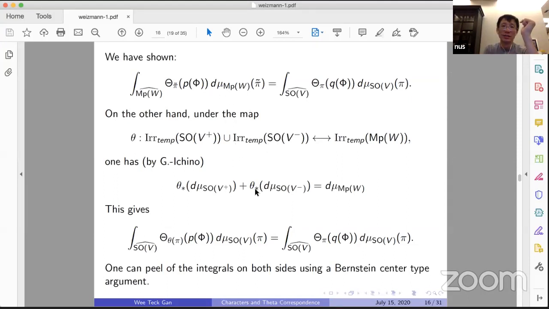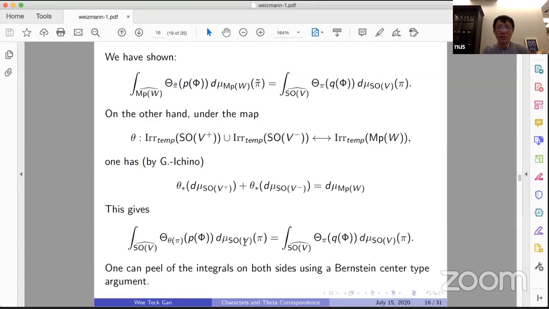And then finally, you can move this integral from the MP side to the SO side. So the left-hand side of this first identity becomes an integral over SO V. But of course, the character here is the character of theta pi. In other words, I have pulled back this integral from the MP side to the SO side by using this bijection theta, which also pulls back the Plancherel measure to the Plancherel measure.